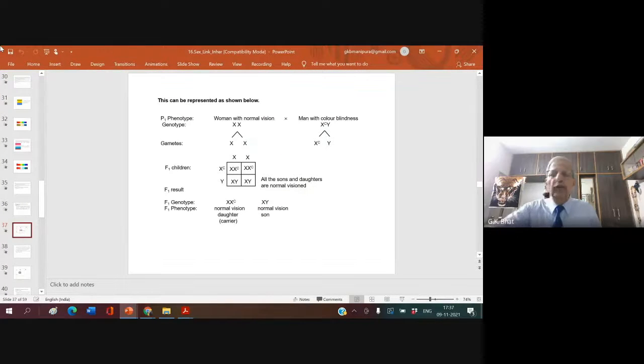So what I'm advocating is that always for the normal person, you write X, and because you are dealing with color blindness, you write capital C, capital C. It is normal. Colorblind man has X small c Y. What is small c? Gene for color blindness. Now you tell me, what will be the F1?